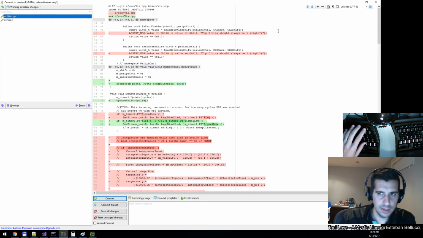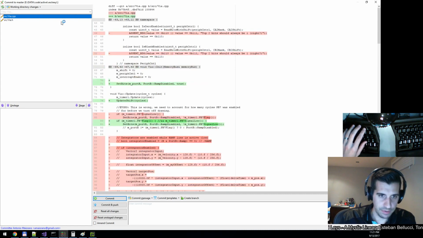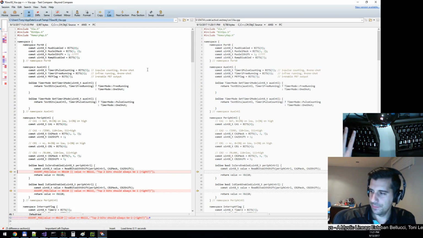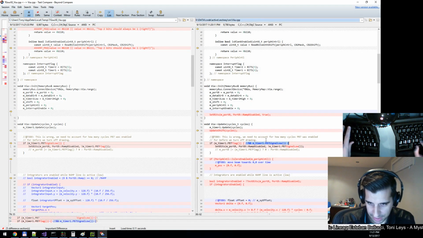Okay. And this is just a boatload of fixes for getting drawing to start working. Yeah, so pretty convinced that that's right.